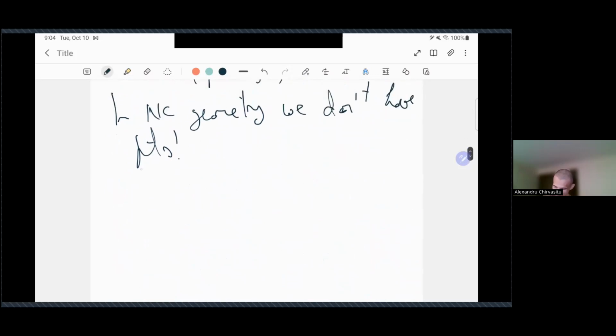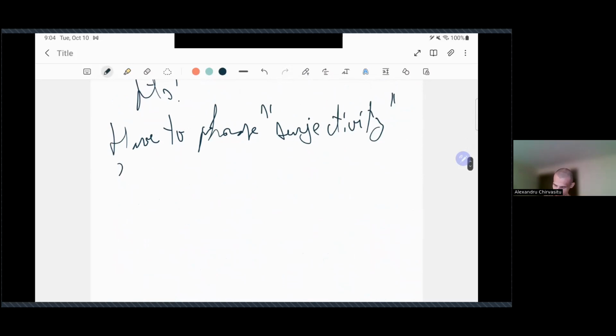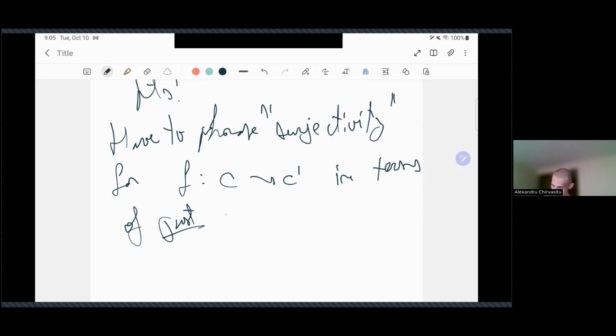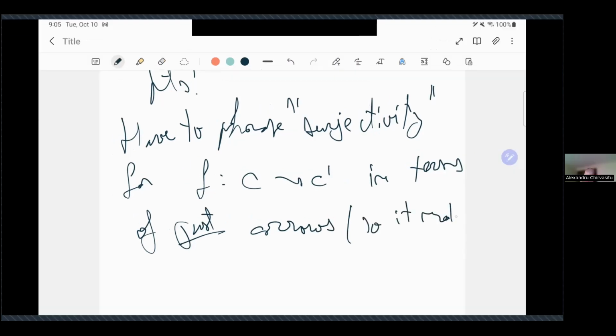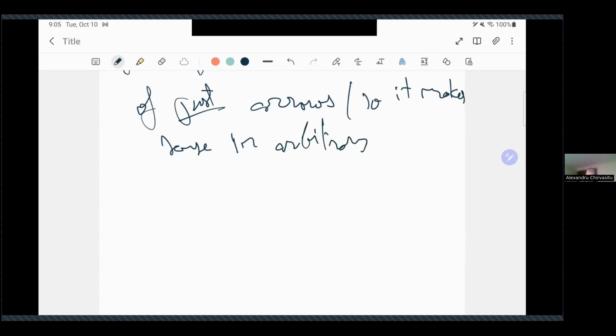So I have to phrase ontoness, have to phrase surjectivity, and I'm going to put it in quotes because people don't call it surjectivity, for F in terms of just objects and morphisms, or in just arrow theoretic terms, in terms of just arrows, so that it makes sense in arbitrary categories.